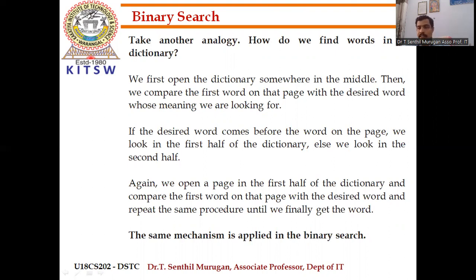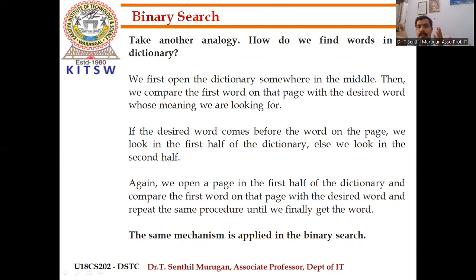Take the dictionary for finding the meaning of a given word. If the word starts with M, you open the dictionary in the middle and check the first word there. You decide whether the given word is on the left side or the right side.